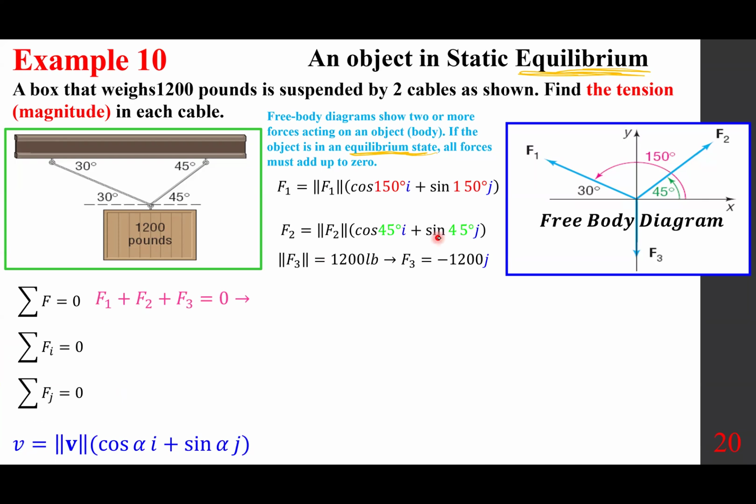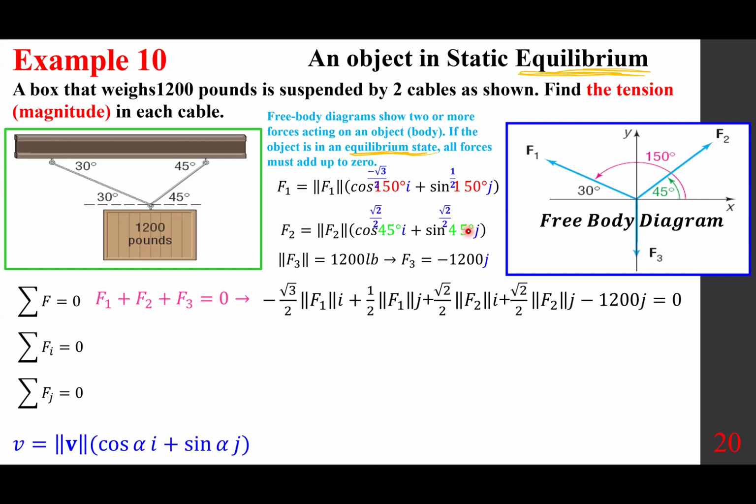So we're going to add these 3. By the way, 150 degrees is the same as 30 degrees in the second quadrant, where cosine is negative and sine is positive. So sine is 1/2, cosine is negative square root of 3 over 2. 45 degrees is square root of 2 over 2 for both. So we are going to add them up.